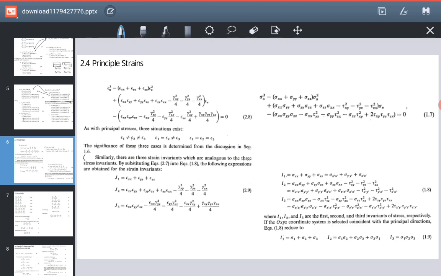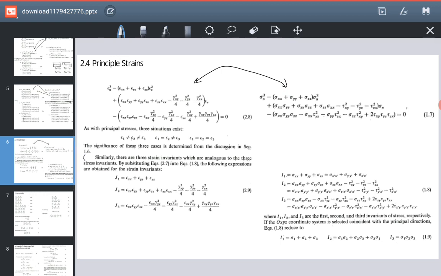So we are simply going to convert this expression of normal stress to this expression of strain.